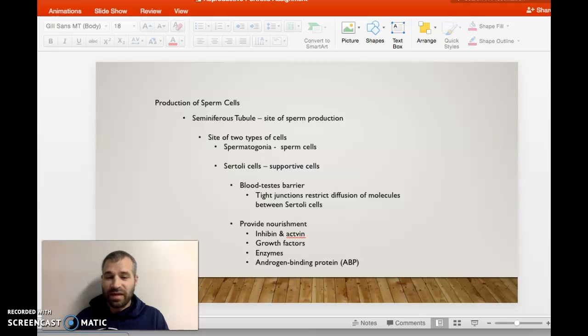The blood-testes barrier is made of tight junctions, and they limit or restrict the diffusion of molecules between the Sertoli cells, and they also limit the interactions of the spermatogonia between one another.